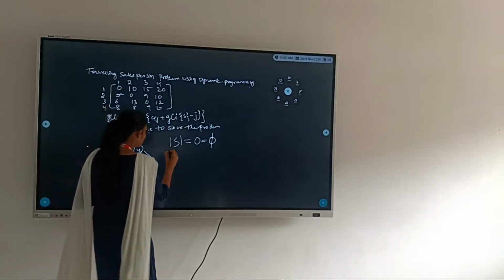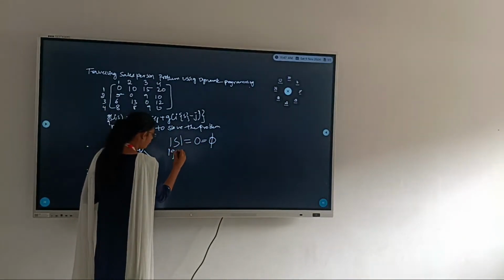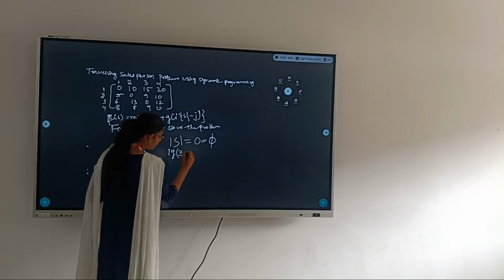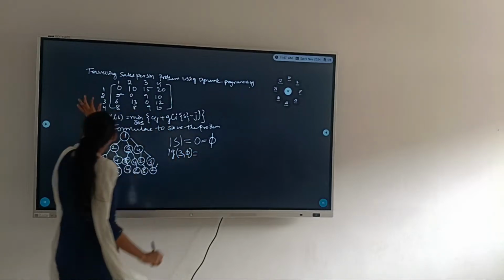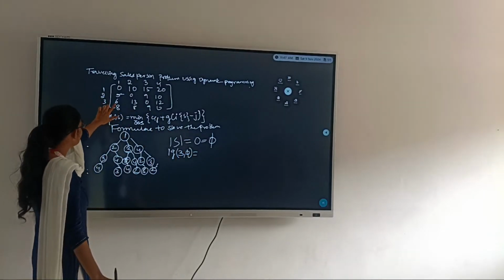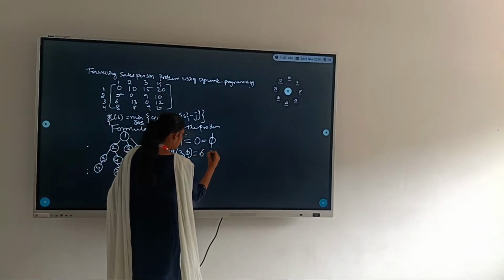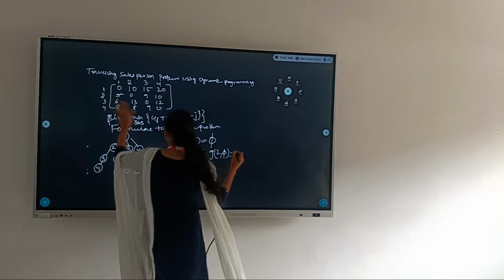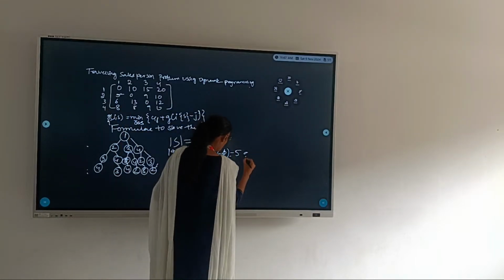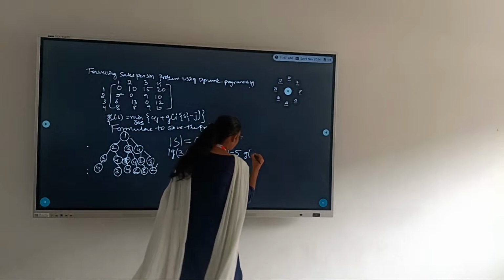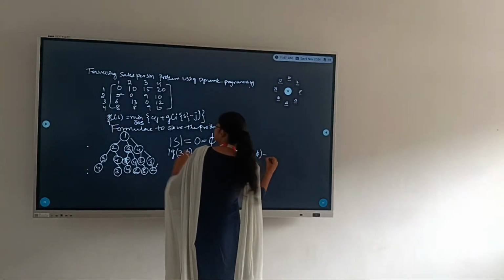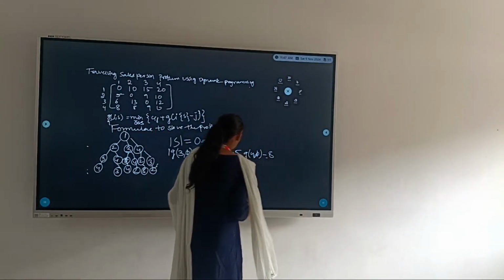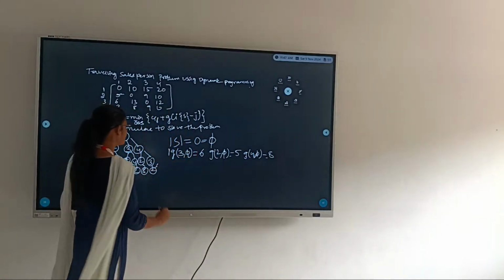For example, G of 3, 5, in the third row, 3, 5 is considered as 6. And G of 2, 5 is considered as 5. G of 4, 5 is considered 8. So mod S is equal to 0 is considered.